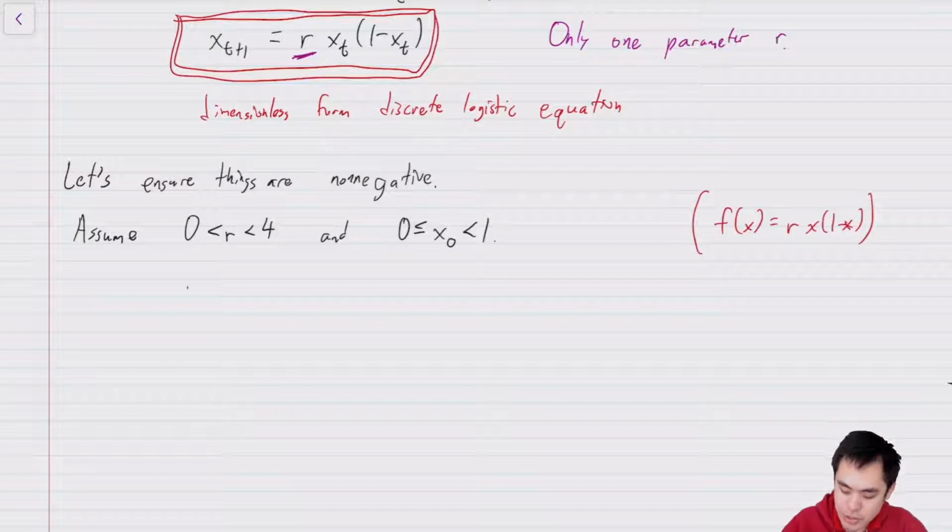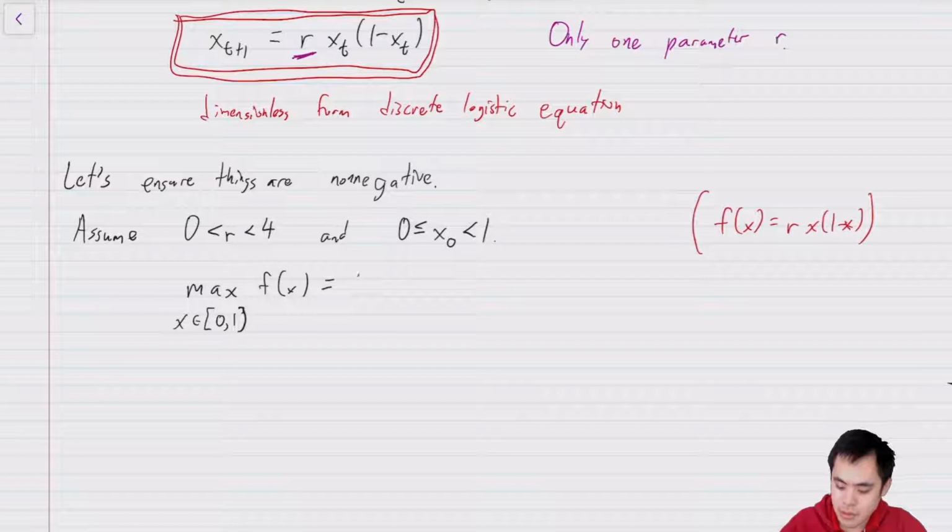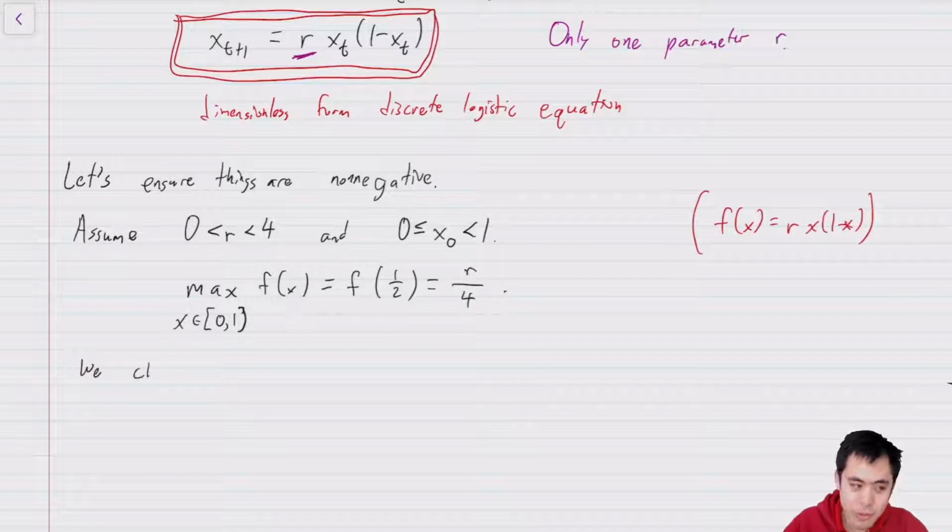And so the max over x in [0, 1] of f(x) turns out to be f(1/2). I'm not going to compute this in class, but that's something you should be able to verify using simple calculus. And so that's why we chose our values.